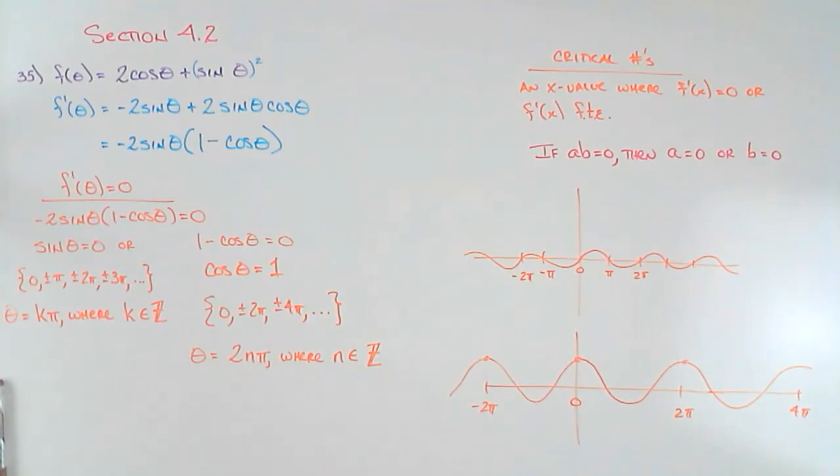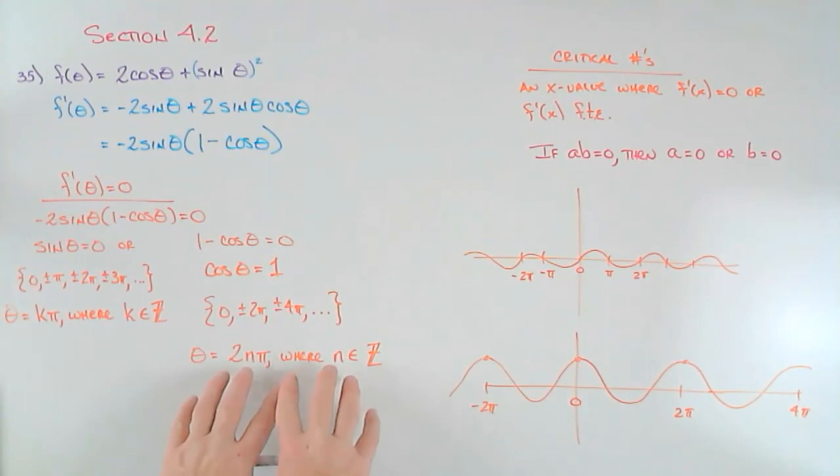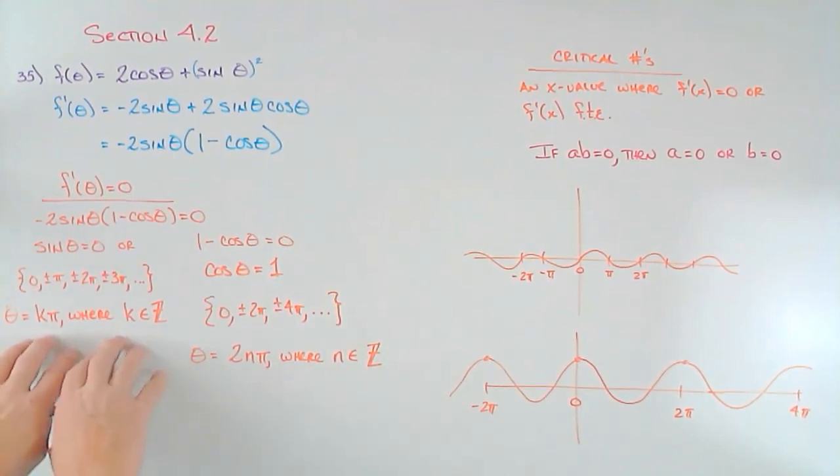Now, to be perfectly accurate with our result here, 2 pi, 4 pi, 0, negative 2 pi, negative 4 pi, those are actually over here as well. So we don't technically need to write this answer because these solutions are contained within this answer.